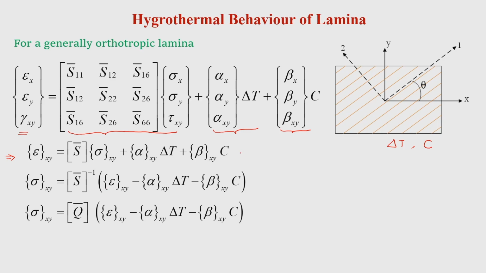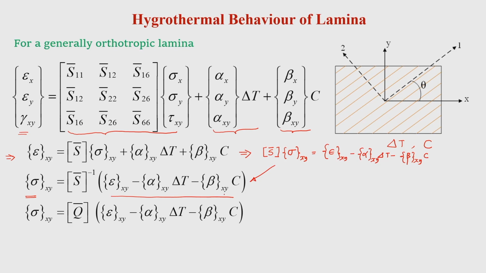So, we can write this as S bar into sigma in x y is equal to strains in x y minus alpha in x y delta T minus beta in x y C, and therefore, we can write that sigma x y is equal to S bar inverse into this.